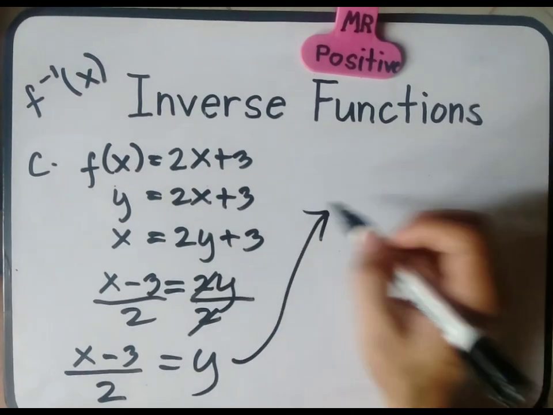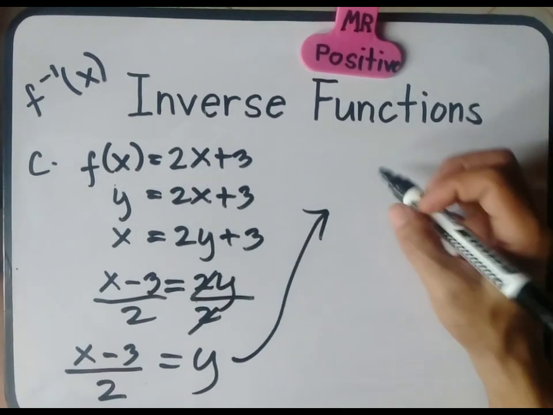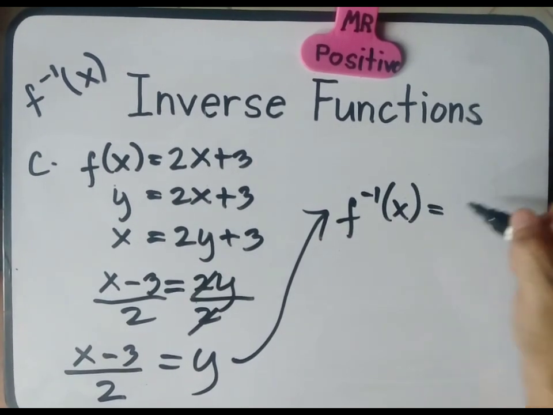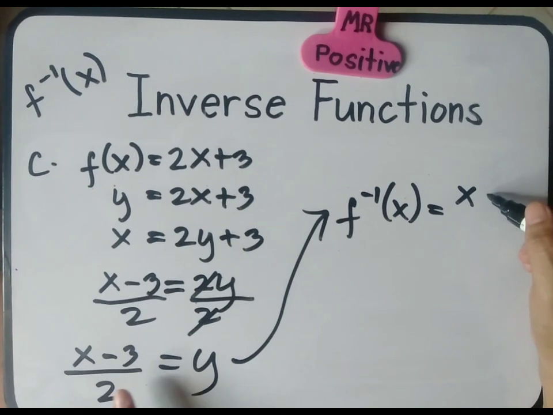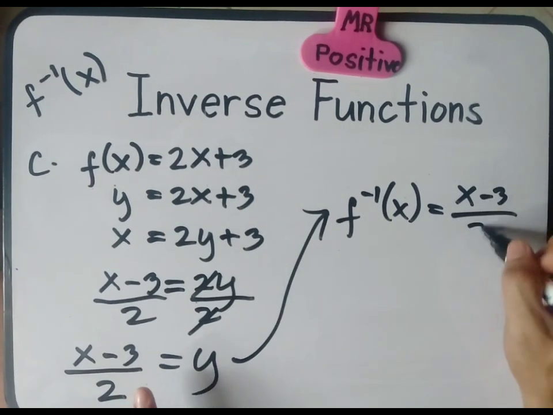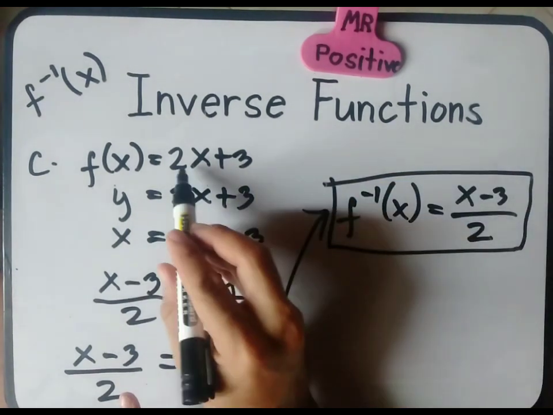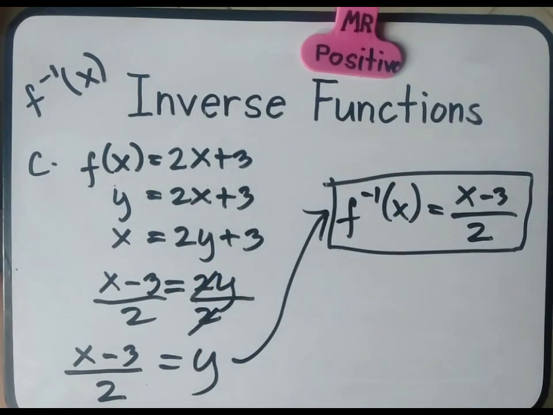And then for the last step, change y into f raised to negative 1 of x equals x minus 3 all over 2. This is now the inverse function of 2x plus 3.